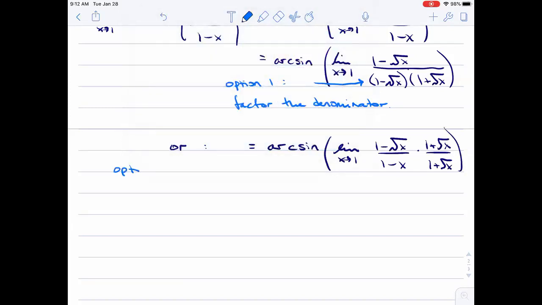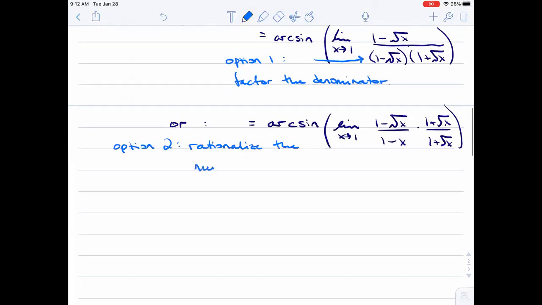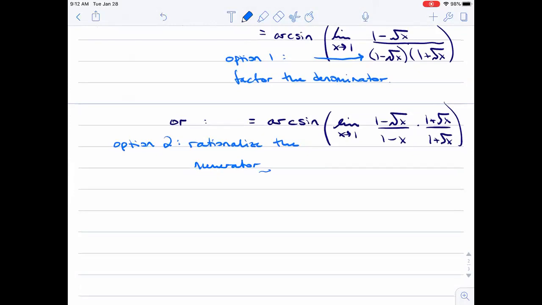Or option 2, rationalize the numerator, which is kind of my go-to, I would say. But that's just personal preference.